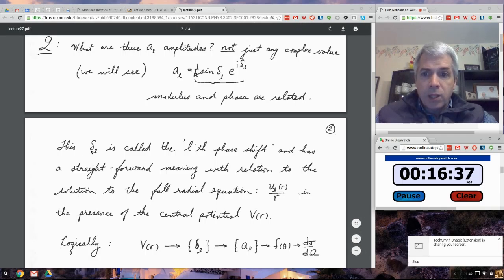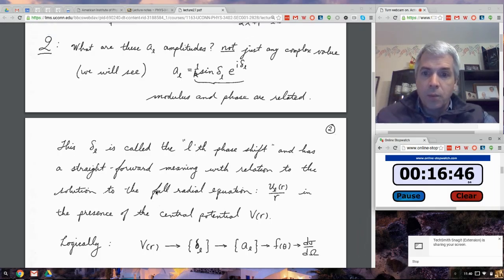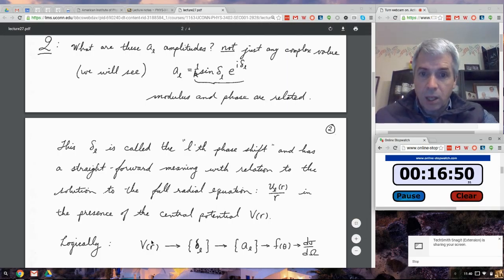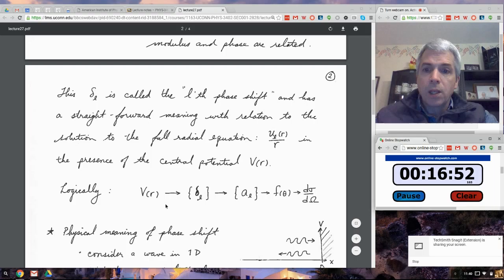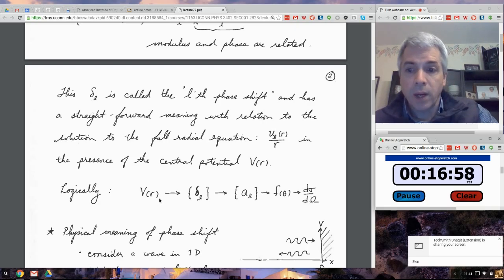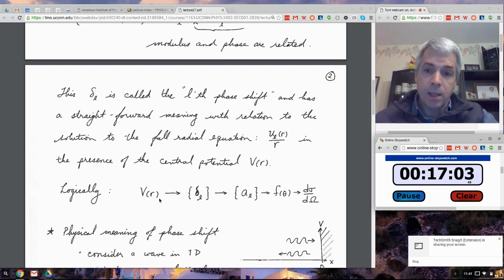What delta L is going to do for us is make a connection between the dynamics that lives inside the Hamiltonian and the observables that we see when we measure cross-sections in an experiment. Here's the logic. Start off with dynamics, that is, some idea of what the potential that describes the interaction between the beam and the target might be.